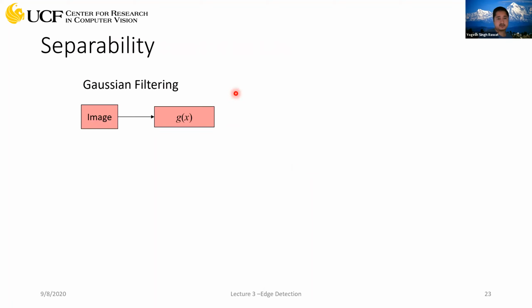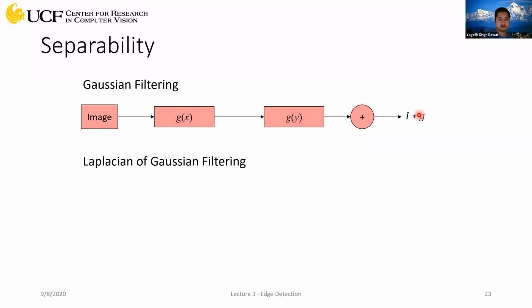Now, given an image, first you perform Gaussian filtering in the x direction. This is Gaussian filtering in the y direction. You add those two values. That will give you your filtered image.